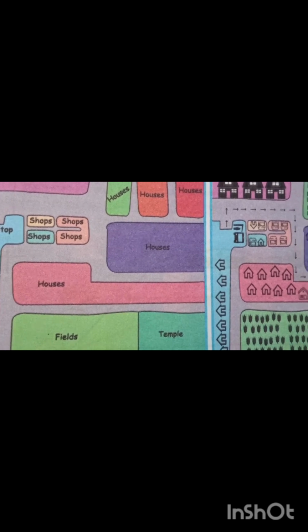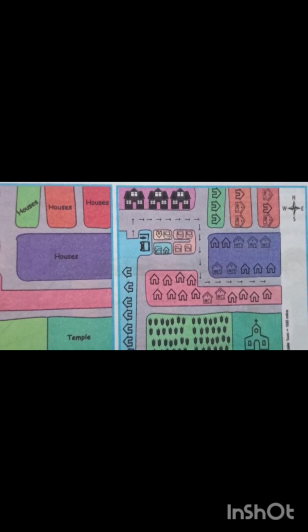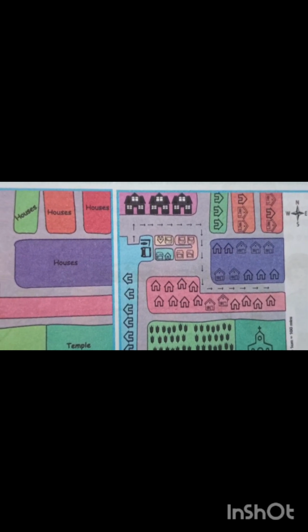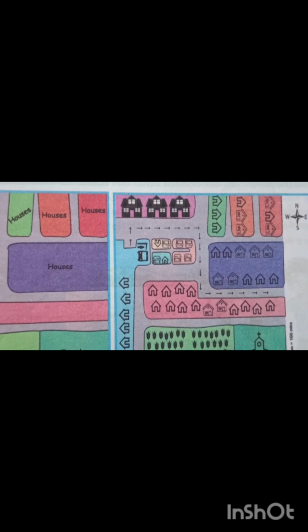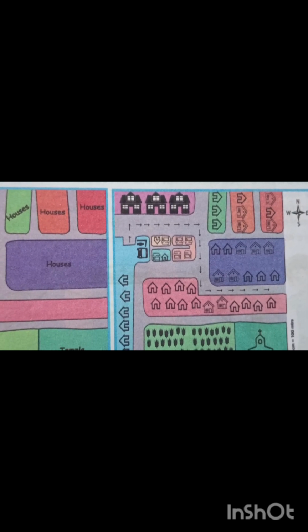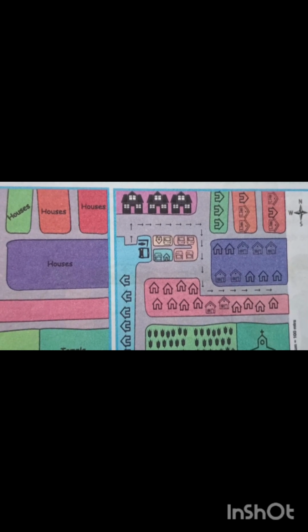Now, we are going to know about the map. Here, if we observe the map, houses, we use here the symbols and arrow marks.